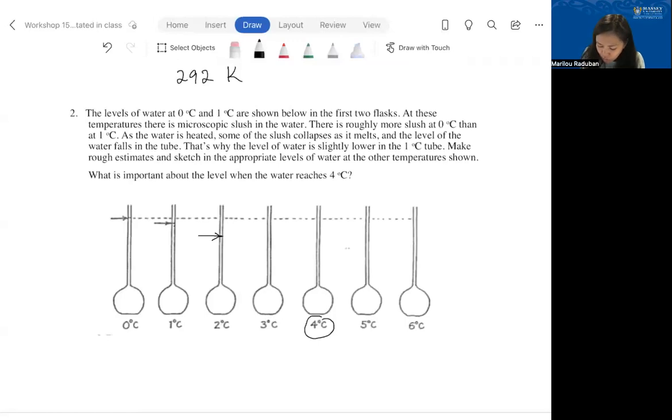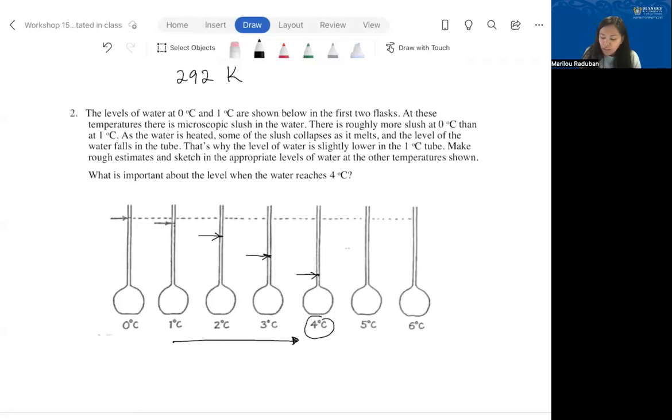And that will continue up to 4 degrees Celsius. So starting from the bloated ice at 0 degrees Celsius, when you heat up, the ice crystals will collapse. That causes the ice crystals to contract, and therefore you have this decrease in the volume of the water as the ice crystals collapse, even if the temperature increases up to 4 degrees Celsius.